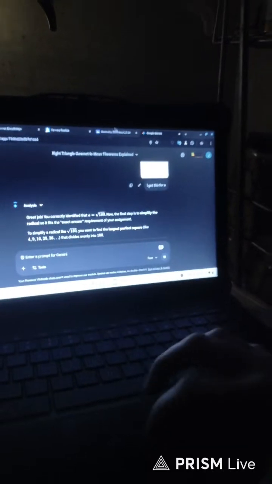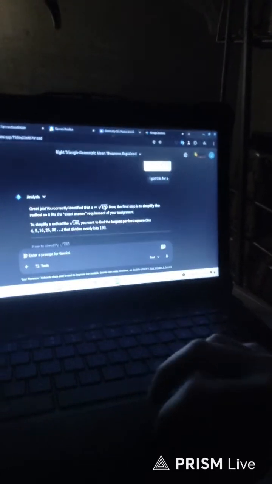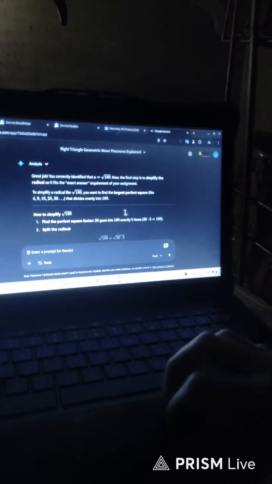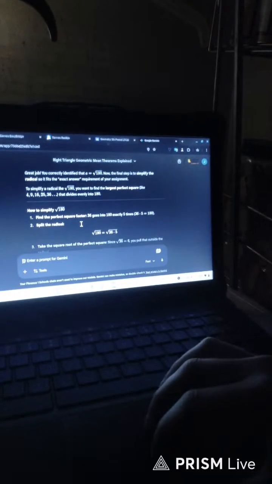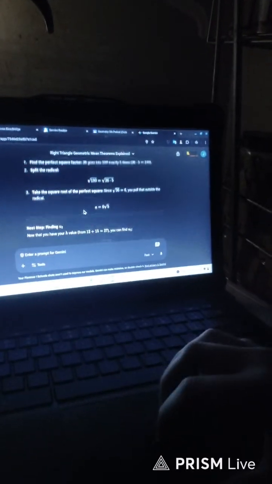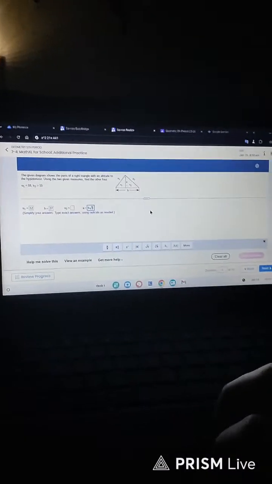I got this for A. A equals 180. Oh, okay. Yeah, so 9, 16, 25, so 6, 36. So 6, 5. Oh, okay. Yeah. So it's 6 square root 25. Yeah, that's correct.